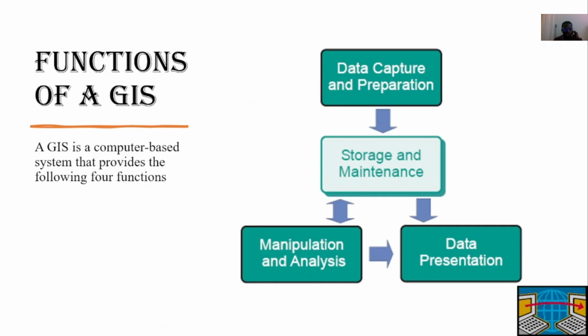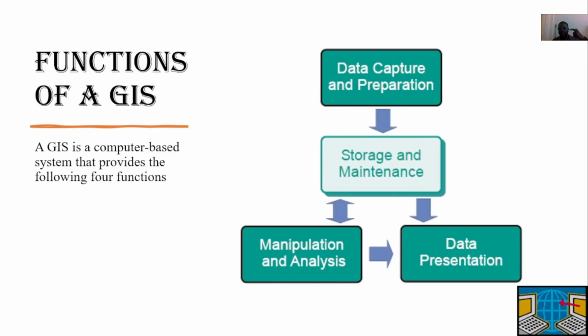Okay, so functions of GIS. GIS is a computer system that helps us in data capture and processing. GIS is mainly used for data capturing and data preparation. Once you capture your data, the next thing is to prepare your data.